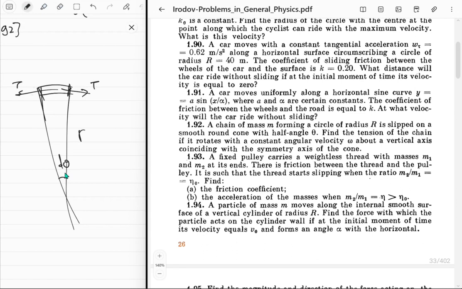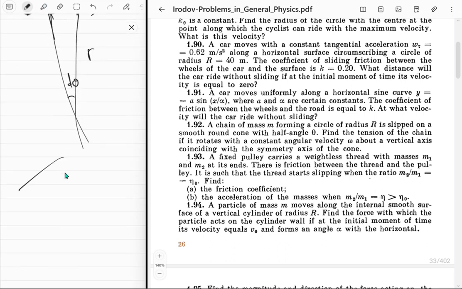Let me draw it in a better way: T and T over here, and this is how the arc is, and then you have the angle theta. If this were finite, this angle would be theta upon 2.